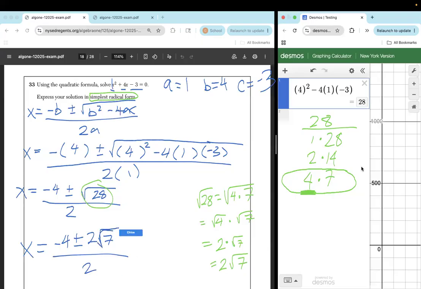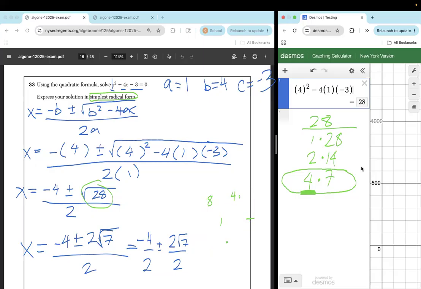I'm almost done. I'm going to see what else I can simplify. Since this whole thing is being divided by 2, it means both of those terms on the top are being divided by 2. So it's negative 4 divided by 2 plus or minus 2 root 7 divided by 2. Now I can simplify.